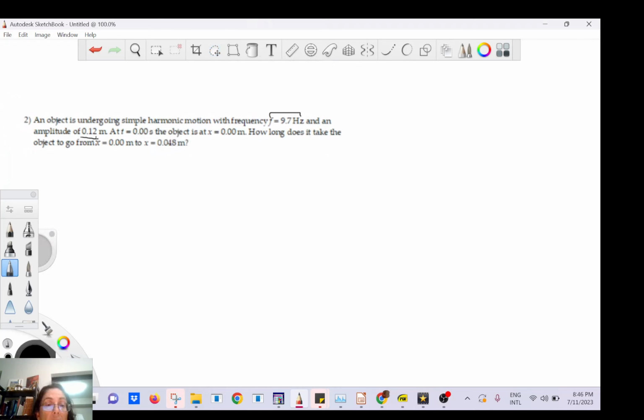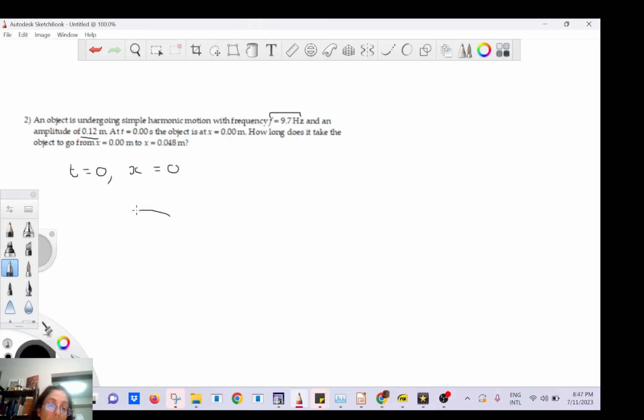Okay, but at t equals 0, the object is at x equals 0. So it means t equals 0, x equals 0.